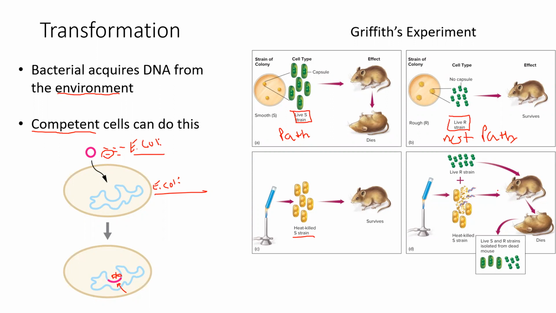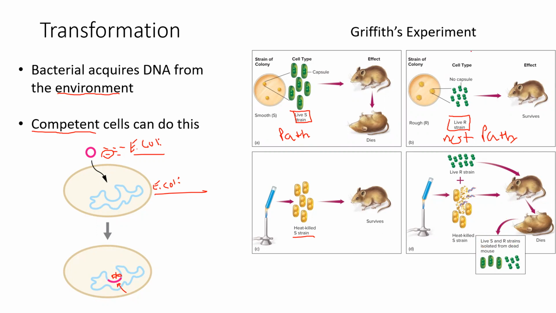This provided the first evidence that the non-pathogenic, not dangerous R strain was able to take up DNA from that dead pathogenic strain and become dangerous and become pathogenic. When he isolated the bacteria from the dead mouse, he found that there were both live S and R strains, because those R strains had picked up the DNA, replicated it, transcribed it, translated it, and bam, it had a capsule and it was dangerous.